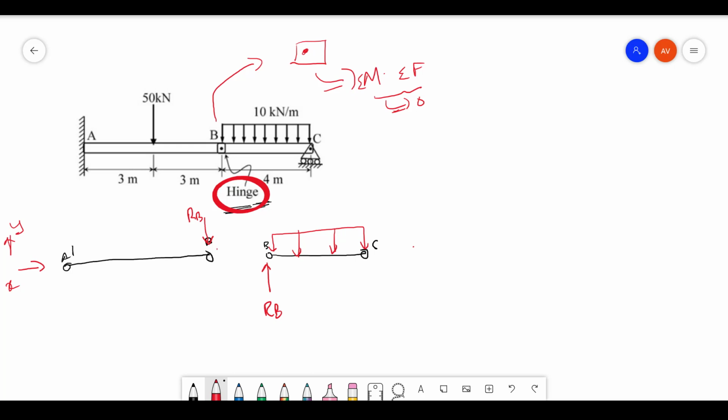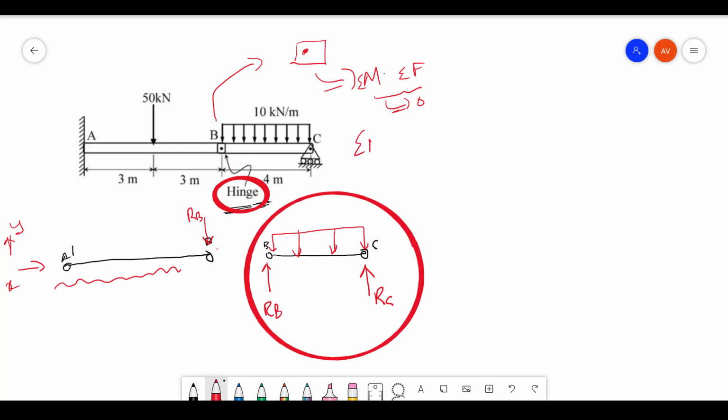Similarly, I'm not going into much detail on solving this part, and I will tell you why. The question is to find the reaction force at this point C. Like I said, the moment at point B, the hinge joint, is 0.